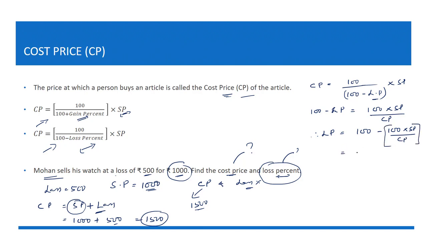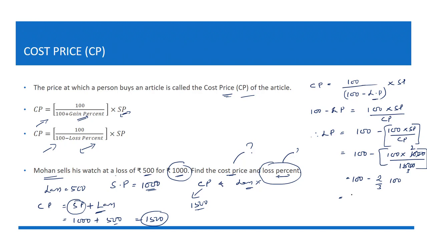Now let us find out the loss percent. Here, 100 minus 100 into SP. The selling price is how much? That is 1000. And the cost price is 1500. Let us simplify here. This will become 100 minus, so 2 zeros I will cancel, 5 twos are 10, 5 threes are 15. This will become 200 by 3.